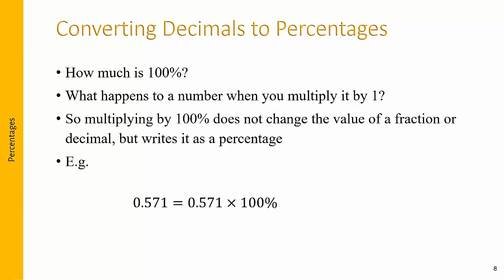So if we have to change a decimal, for example, to a percentage, we can multiply that decimal by 100% and not change the value of that decimal because we're multiplying by 1. And then we can use the 100 times the 0.571, getting 57.1, and our answer then will be as a percentage. So our answer is 57.1%.